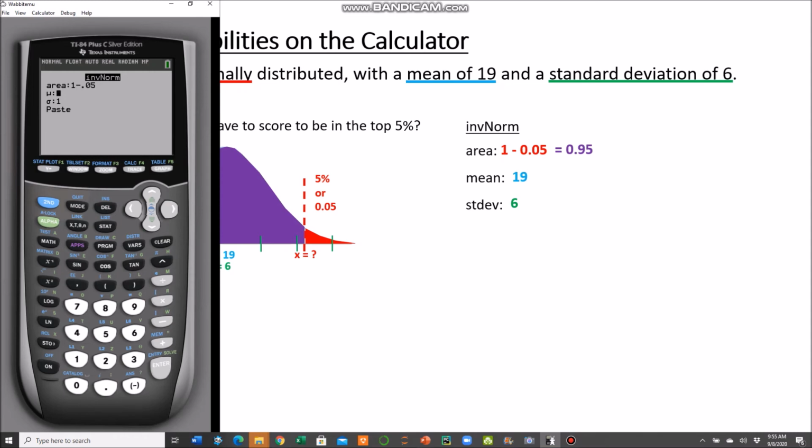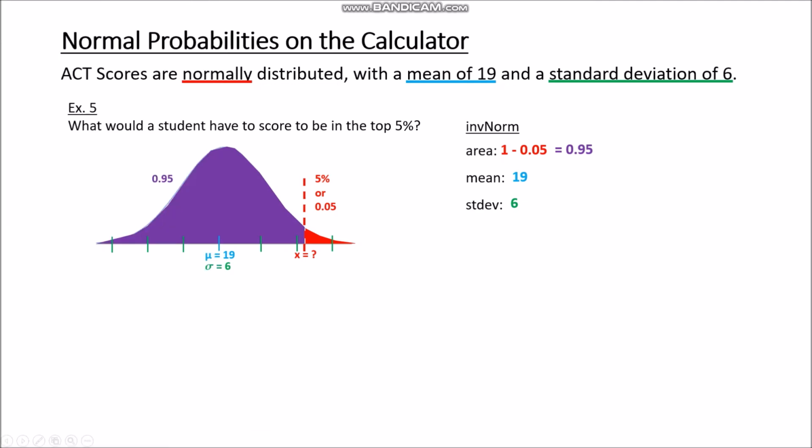The mean was 19 and the standard deviation was 6. So when we calculate that, we get a 28.87. So the value, the ACT score that would have 5% of people higher than it would be 28.87.